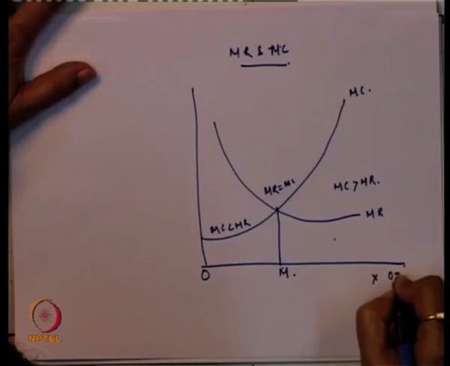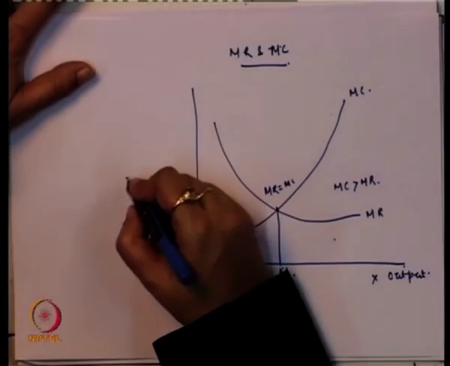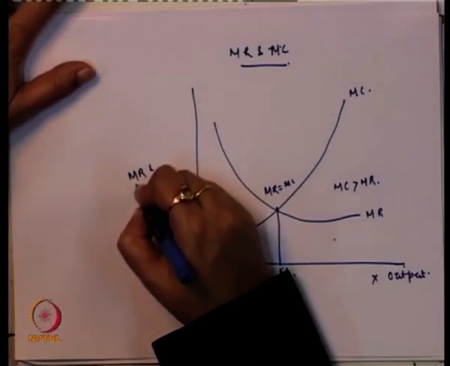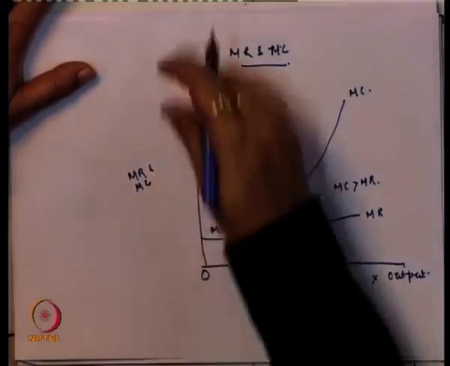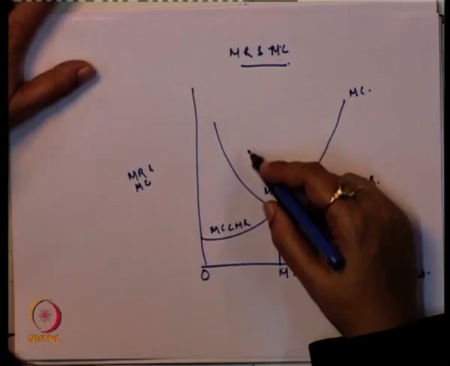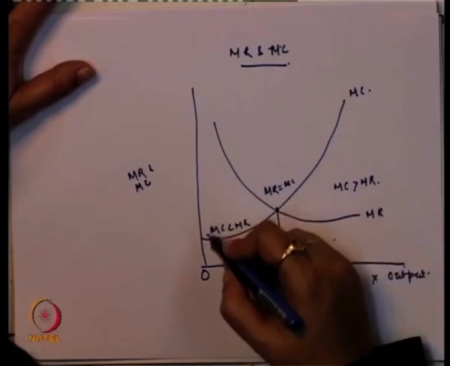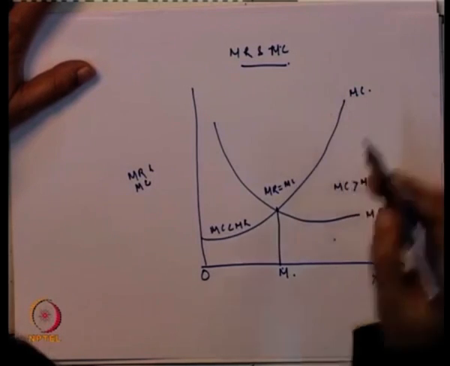So, x, that is the output, is on the x axis, and marginal revenue and marginal cost are on the y axis. If you look at the marginal revenue curve, it is sloping downwards and marginal cost is sloping upward.